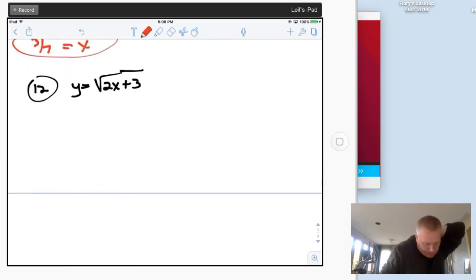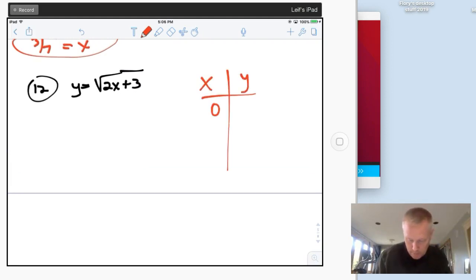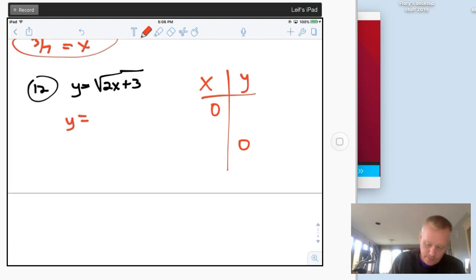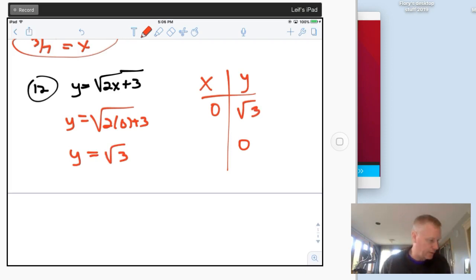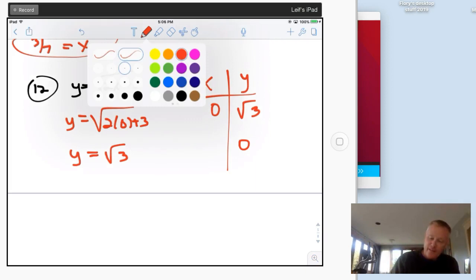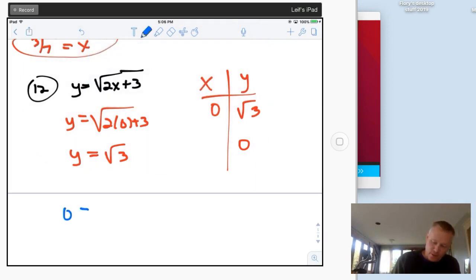This one. If I plug in 0 for x, I get the square root of 3. Not pretty, but that's what it is. And if I take 0 and plug it in for y, what do you get?